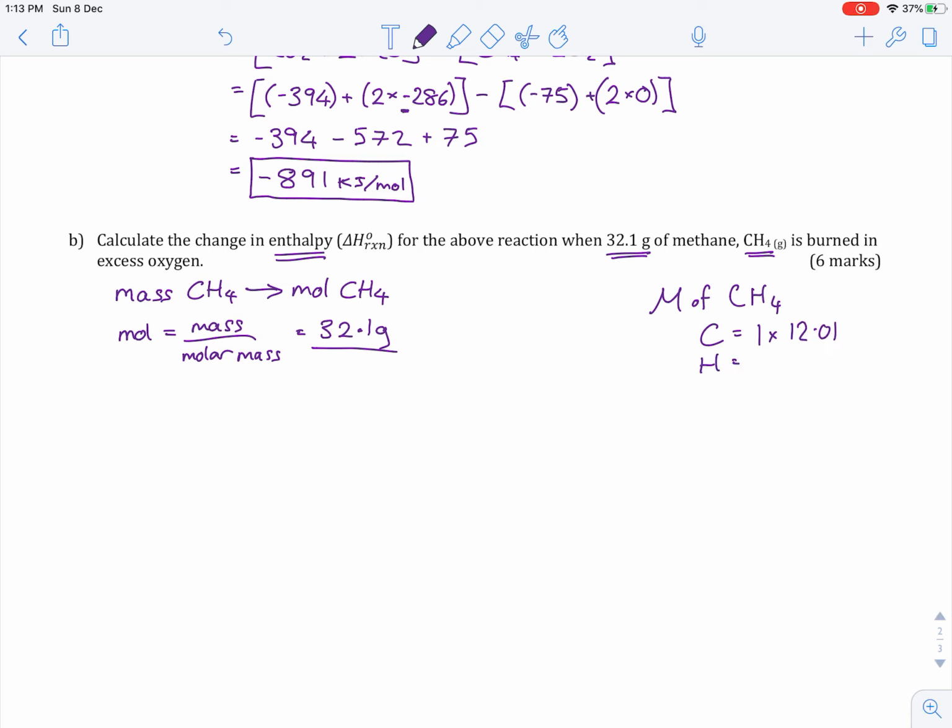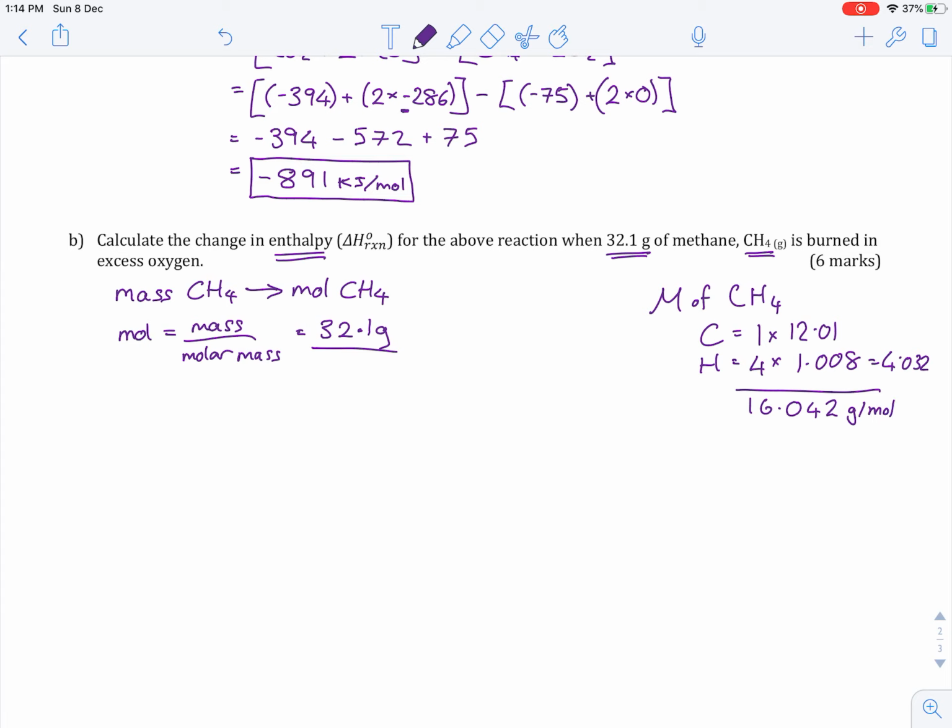You've got hydrogen, you can see there are 4 of them. Hydrogen is 1.008, which times 4 is 4.032. So when you add them up together, you're going to end up with 16.042 grams per mole.